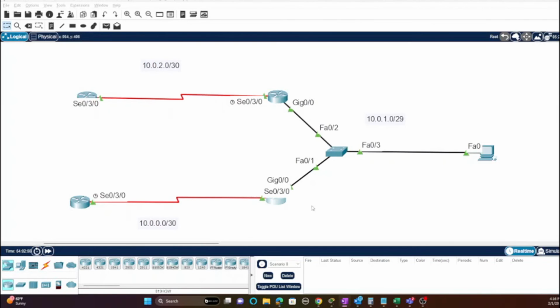And the reason why this has to take place is because right now it's a simple network. We just have two routers, but what if I had another router connected to this switch and another router connected to this switch? This router knows about this network and this router knows about this network. But what if I added two more routers that knew about 5 networks and then another router over here that knew about X amount of networks?